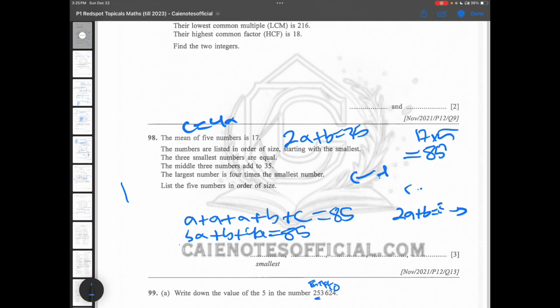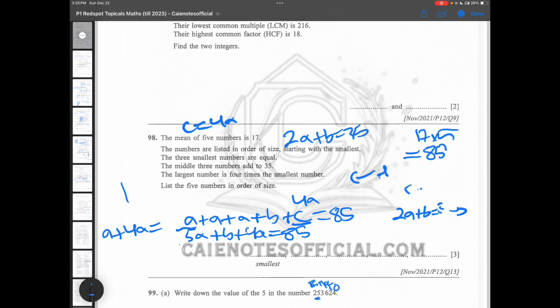Okay. So the other numbers that will be left other than these three middle numbers will be A, this one, and this C. And C is basically 4A because this is 4 times the smallest number. So A plus 4A. The middle three numbers add up to 35, so just subtract 35 from 85.